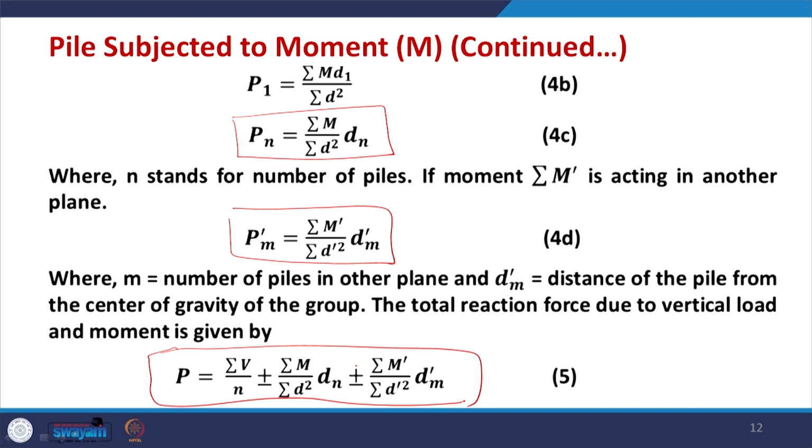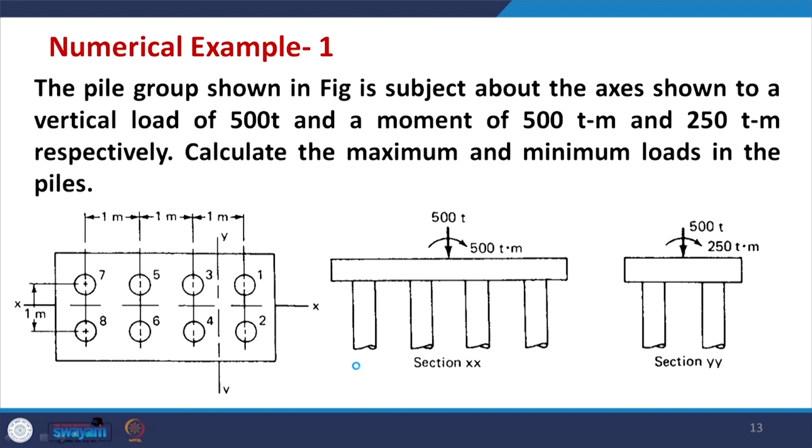Let us have one numerical example and it will clarify how this can be processed. Here you have a pile group of 8 piles. In a row you have 4 piles and you have 2 rows of 4 piles each. The spacing between piles in the x direction is 1 meter, and along the y axis is also 1 meter.